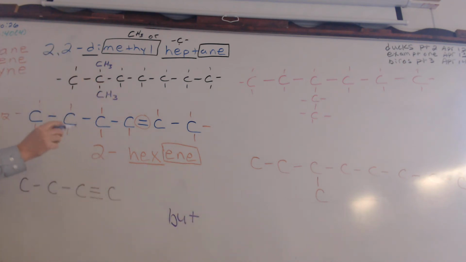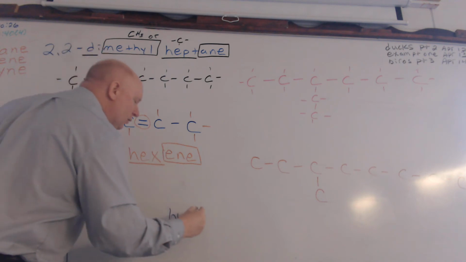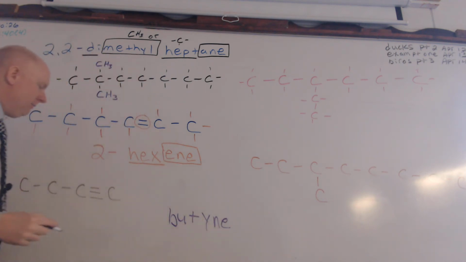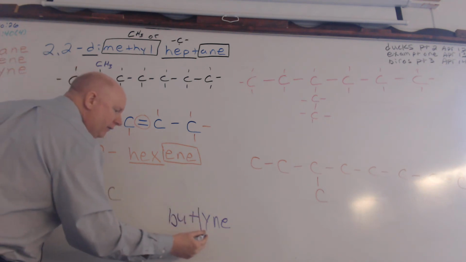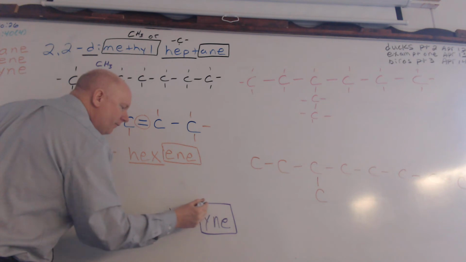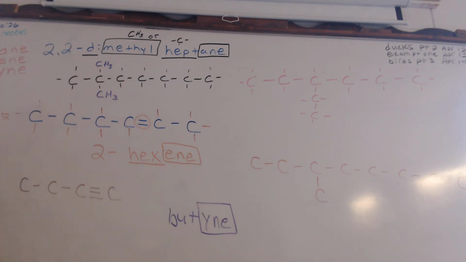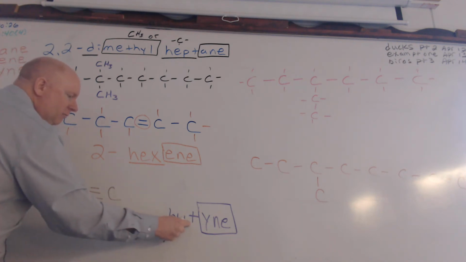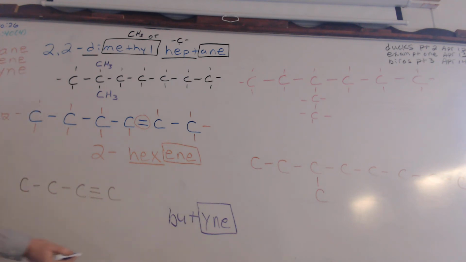And then our suffix for a triple bond, as we had established, is Y and E. Okay, and then this tells you your organic family, an alkyne, which means there's a triple bond somewhere in that compound. And then what does BUT mean? That there's 4 of them.